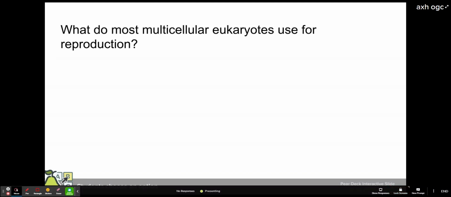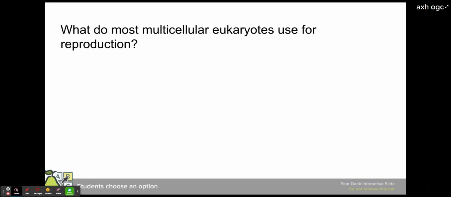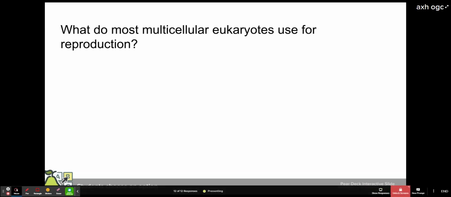What do most multicellular eukaryotes use for reproduction? And that's meiosis. Meiosis is sexual reproduction, and we'll learn about that later.